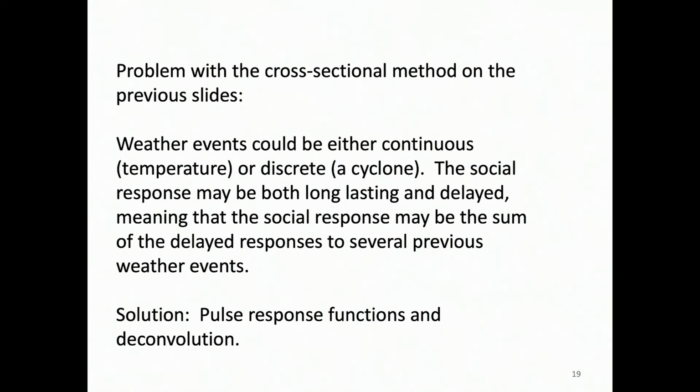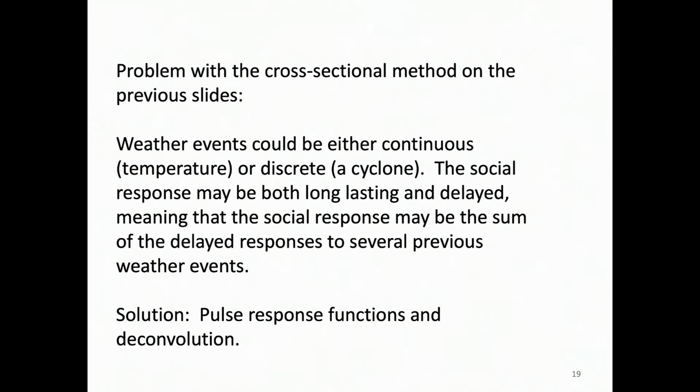So it's interesting that weather events can either be continuous, like temperature, or discrete, like a cyclone hitting, right? And the social response to the weather may in fact be delayed and may be long-lasting, or both. And it's going to have some shape, right? So it's not like, oh, there's a cyclone and behavior changes, and now tomorrow there's no cyclone and behavior's back to normal, okay?